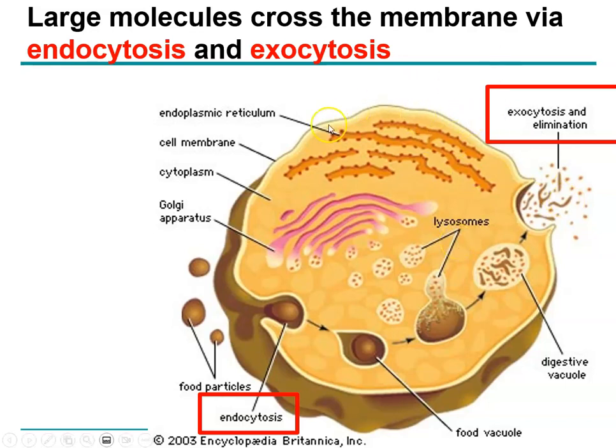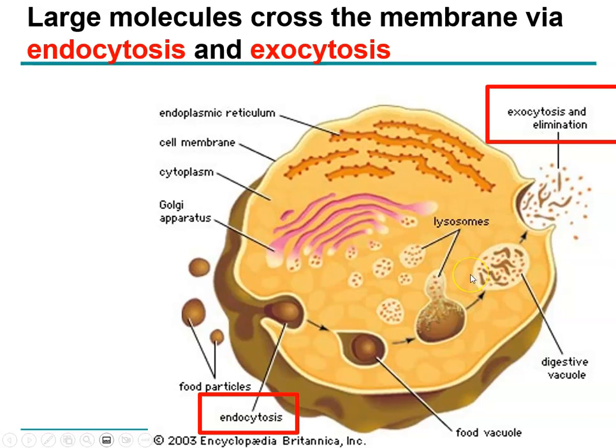And this representation of a cell, an animal cell, shows the whole kind of cycle of endocytosis and exocytosis, where a molecule of food is being engulfed, which ultimately becomes a food vacuole, surrounded by its own plasma membrane, which is now the membrane around the food vacuole, which then fuses with lysosomes containing digestive enzymes to break down that food.